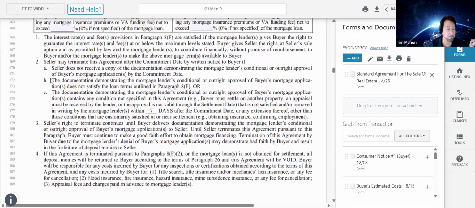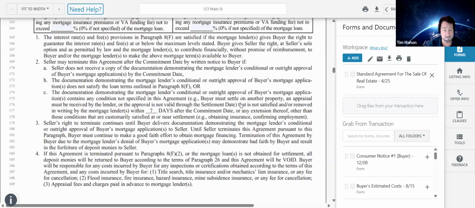Okay. Seller may terminate the agreement of sale after the commitment date by written notice to the buyer if the seller does not receive a copy of the documentation demonstrating the lender's conditional or outright approval of buyer's mortgage, or the documentation demonstrating the lender's conditional or outright approval does not satisfy the loan terms required, or the documentation demonstrating mortgage lender's conditional outright approval of buyer's mortgage application contains any condition not specified in the agreement.